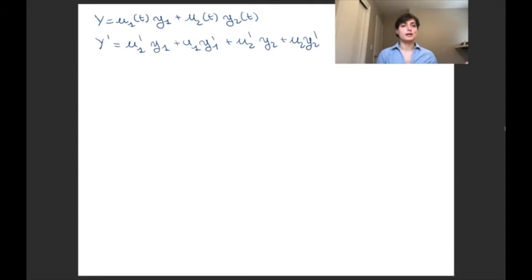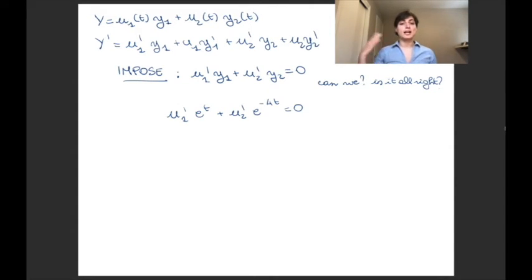We have y = u1 y1 + u2 y2, and y' = u1' y1 + u1 y1' + u2' y2 + u2 y2'. We impose as an extra constraint for u1 and u2 that u1' y1 + u2' y2 = 0.